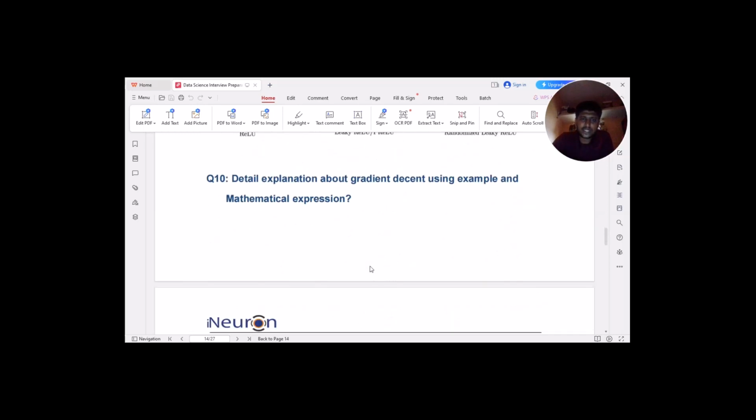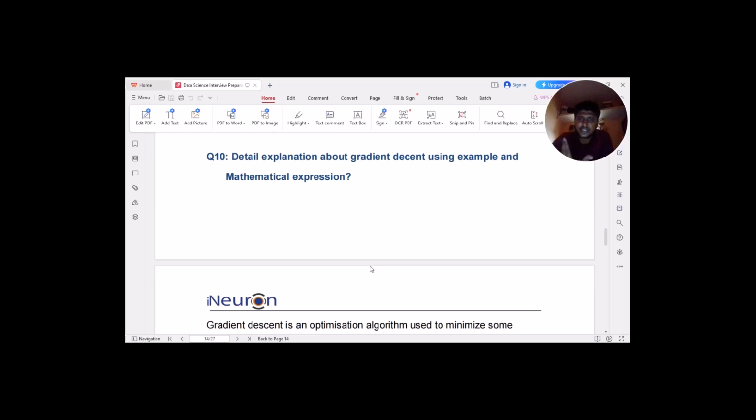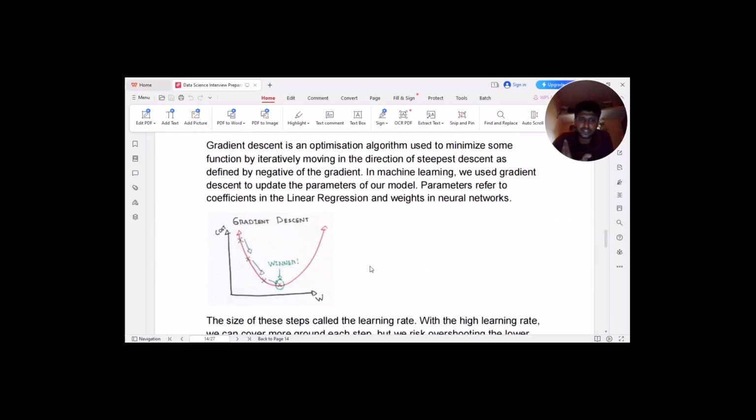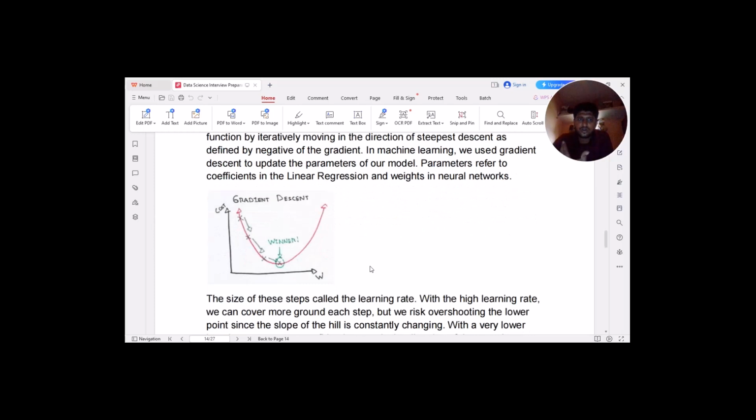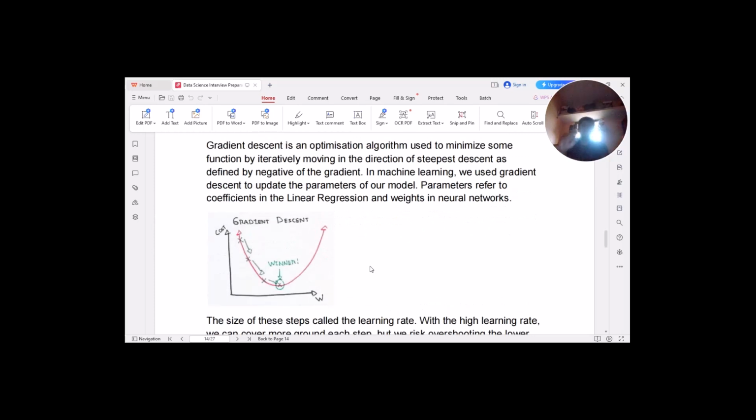Now a detailed explanation of gradient descent using an example and mathematical expression. As you have seen in the case of logistic regression, gradient descent is an optimization algorithm used to minimize some function by iteratively moving in the direction of steepest descent, as defined by the negative of the gradient.